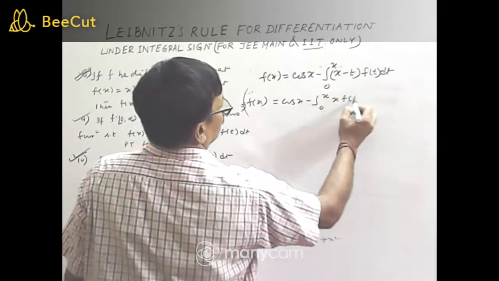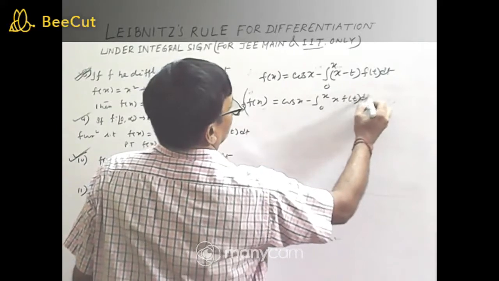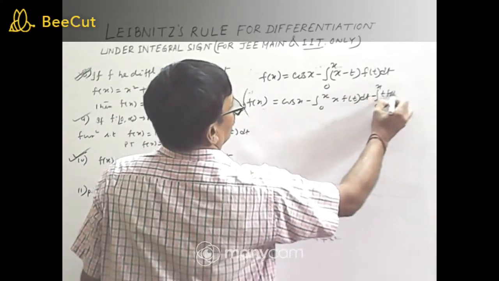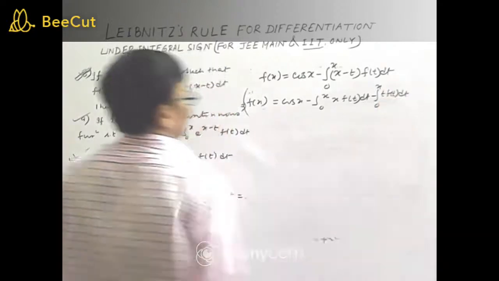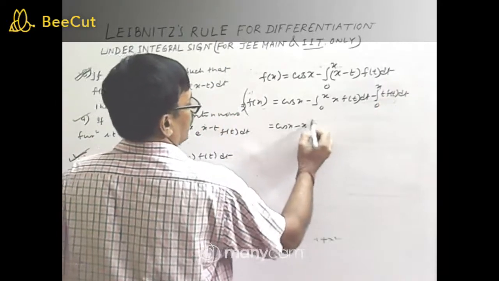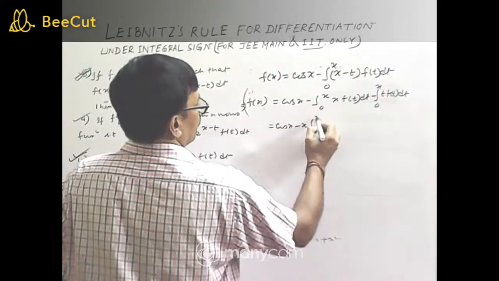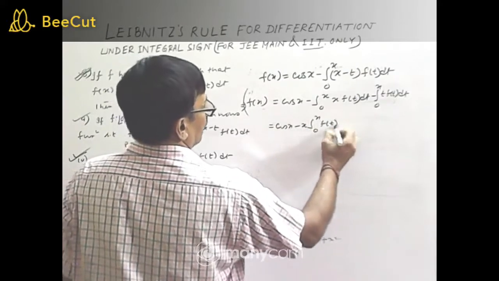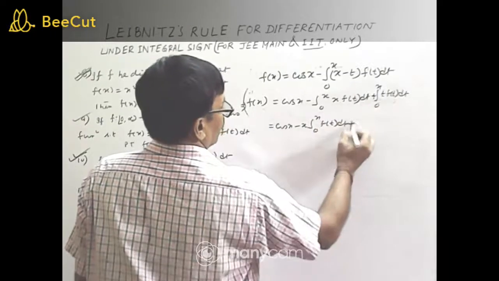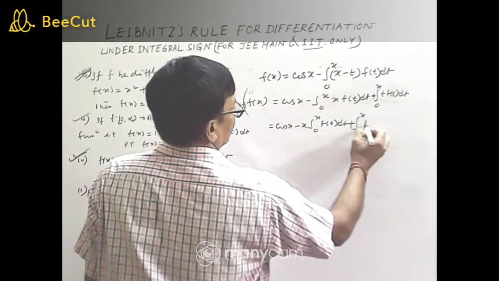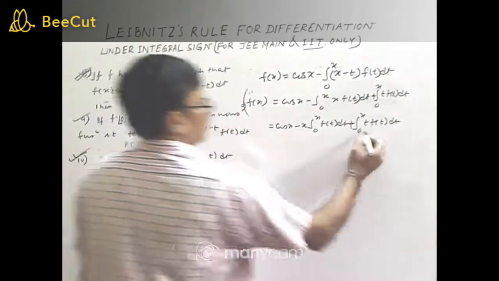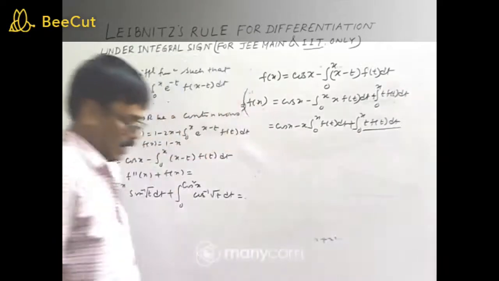So x into f(t) dt minus integral from 0 to x of t into f(t). Now cos x unchanged, x outside, integral 0 to x f(t) dt, and this minus minus plus integral 0 to x t f(t) dt. So this is a function of a single variable.